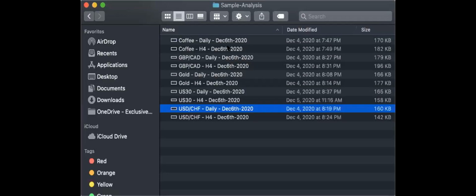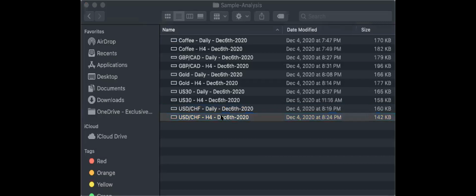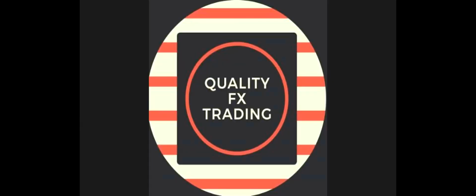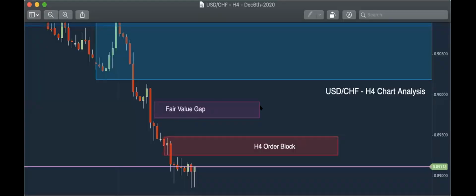Next example. The next example is the dollar Swiss, again H4. As you can see here, we have an indecisive candle, bullish, I mean green.